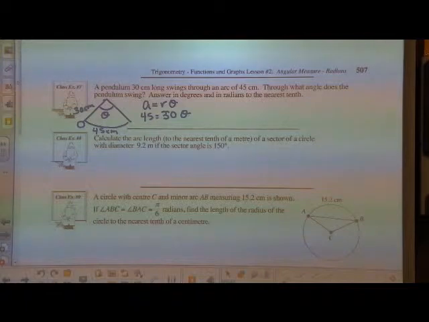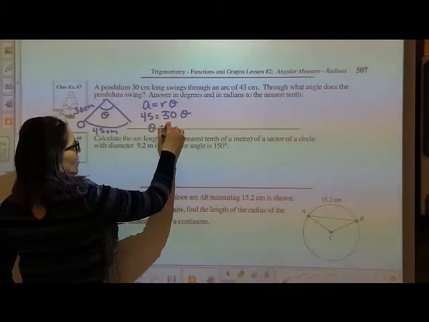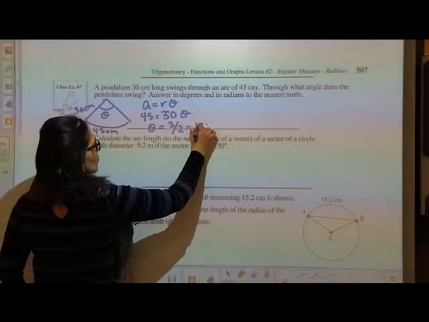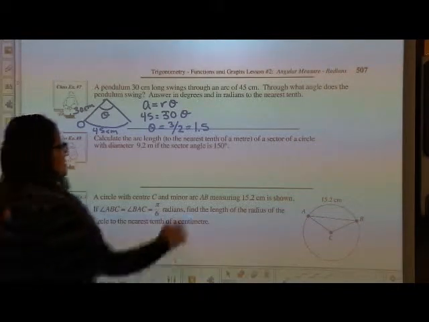And so what would theta equal? Three halves. So theta would equal 3 halves, or 1.5 what? Radians.